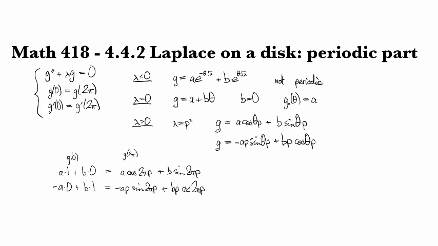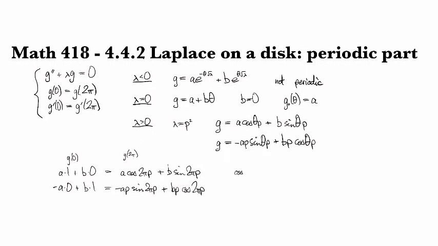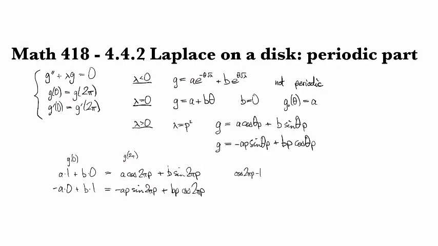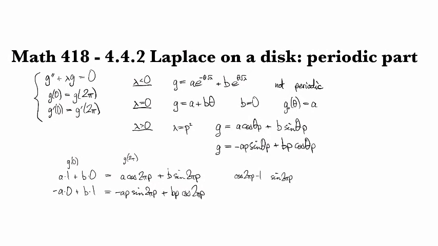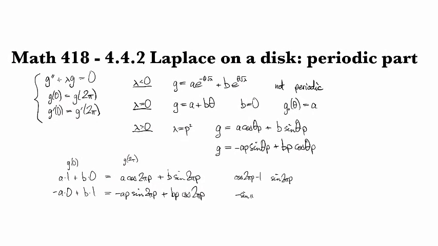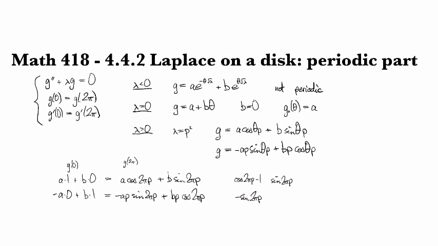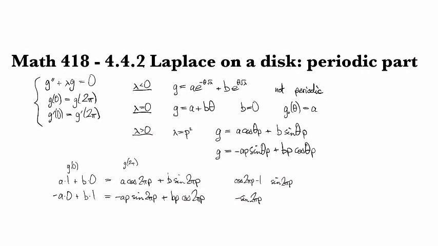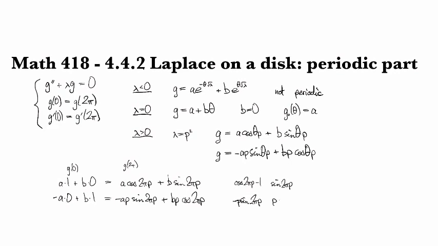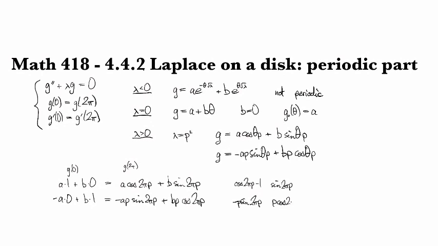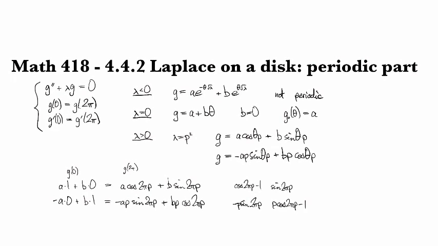So this is a 2 by 2 linear system. Collecting the coefficients, I've got cosine 2 pi p minus 1, and a sine with a minus sign, and then a p sine and a p cosine 2 pi p minus 1.